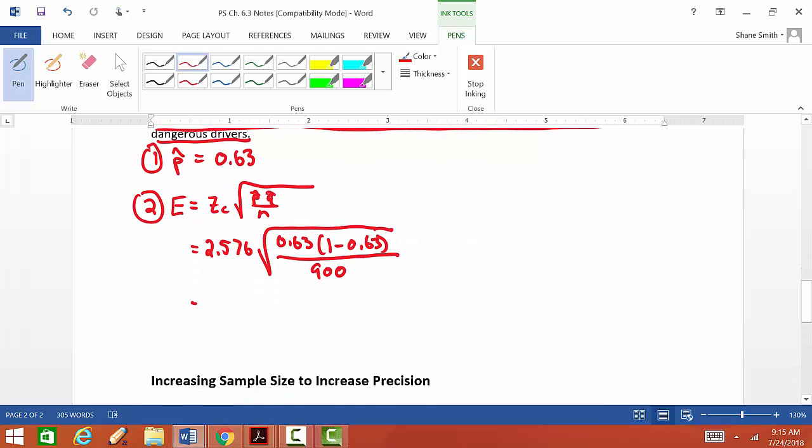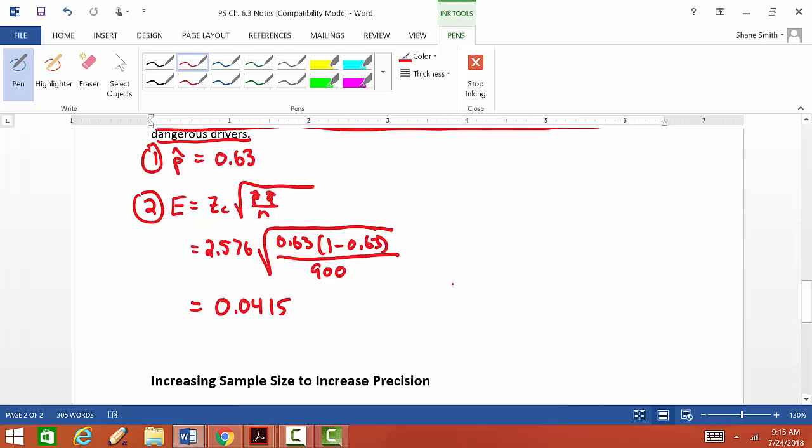Okay, and when you calculate that, you get, actually I'm going to double check my calculations for this one, because it might be slightly off. 0.0415, and that 5 is rounded up from a 4.